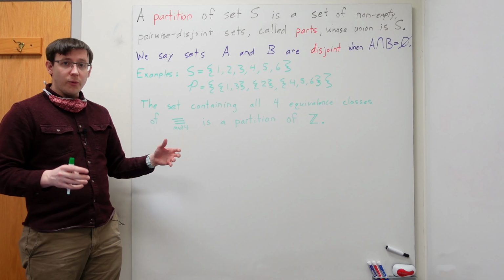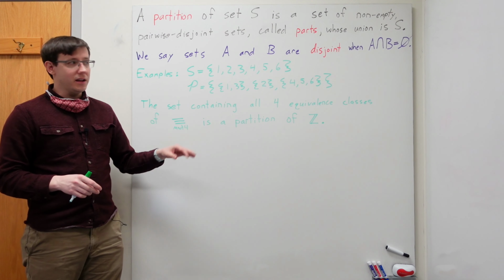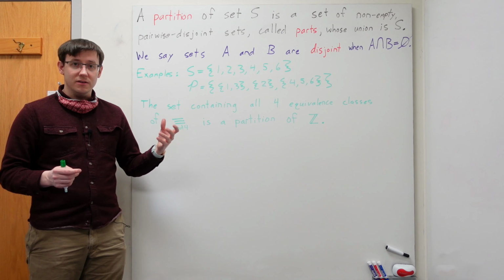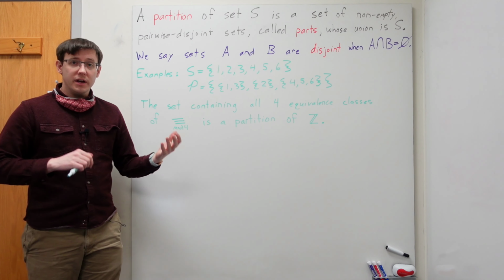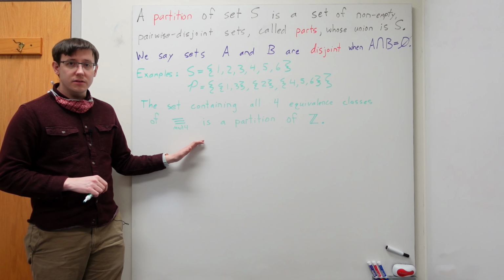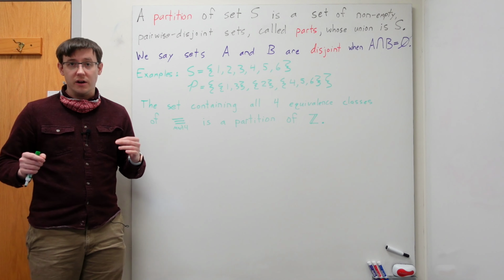And so, if we take the set that contains all 4 of those equivalence classes, that is a partition of the integers. And this connection between equivalence classes and partitions is not a coincidence.